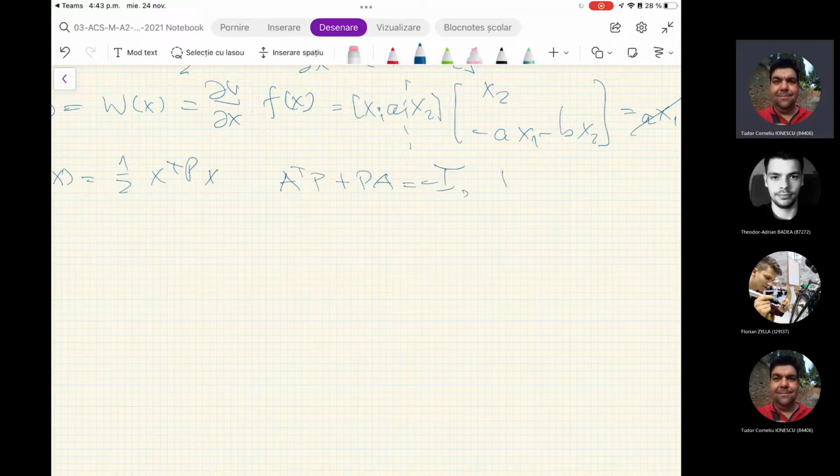Okay. Keep in mind that P is symmetric and positive definite.